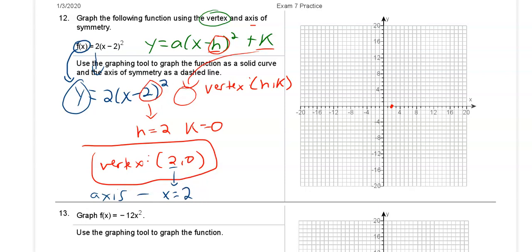I have the worst time drawing arrows. That's supposed to be an arrow. Okay, so it's at x equals whatever the x coordinate of the vertex is. And that's just referring to the vertical line that passes through the vertex, which is this mostly vertical line I'm drawing over here.